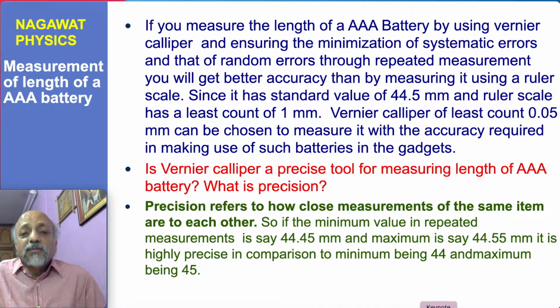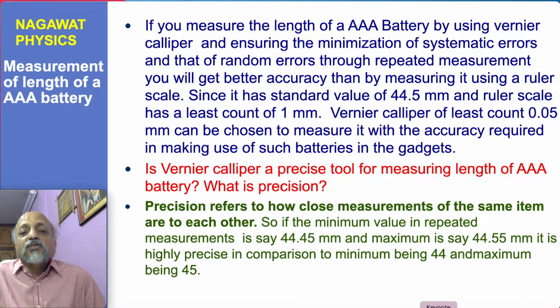If you measure, for example, the length of an AAA size battery using a vernier caliper and ensuring the minimization of systematic errors and random errors through repeated measurement, you will get better accuracy than by measuring it using a ruler scale.